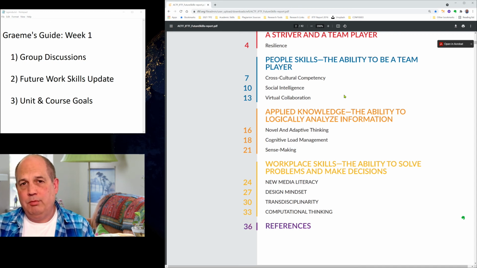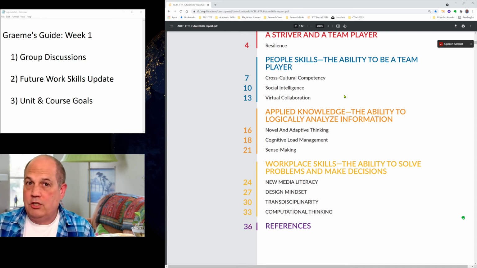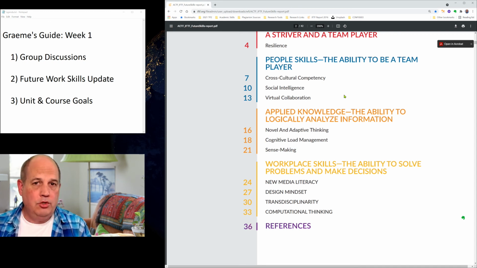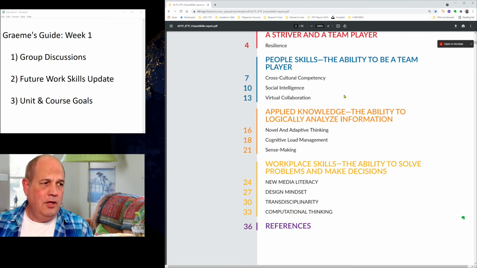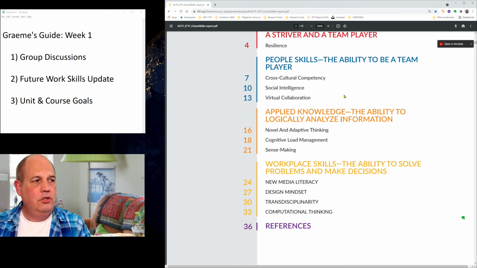You'll be talking to people who come from very diverse cultural backgrounds. So cross-cultural competency could be critical for your future work. So that would be an ideal goal as a course goal, to develop your cross-cultural competency skills.